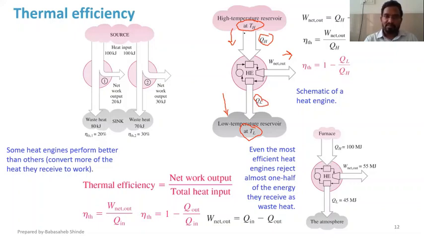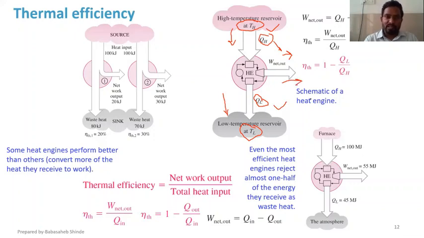So it will accept heat from high temperature reservoir, that is called as source. It will reject some heat to a low temperature reservoir, that is called as sink, and it will convert some amount of heat absorbed from the high temperature source into a useful work.